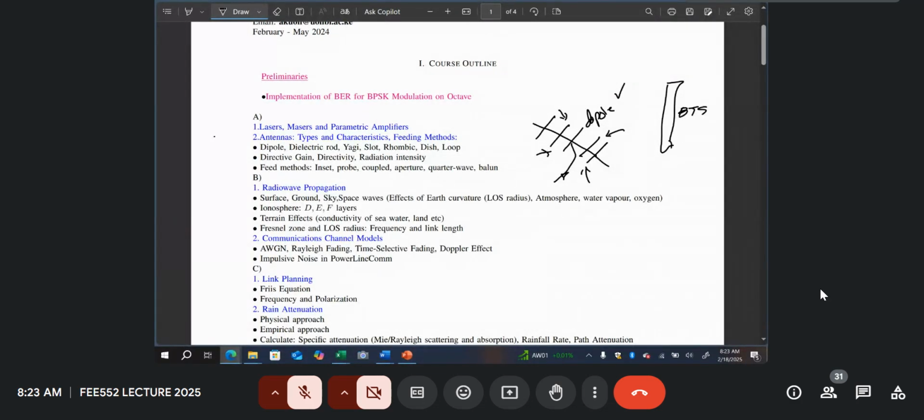Then you have also seen some, mainly for satellite receivers. It's some rod there. So they have a reflector. There's a rod here, an electric rod. So you have seen that dish antenna.